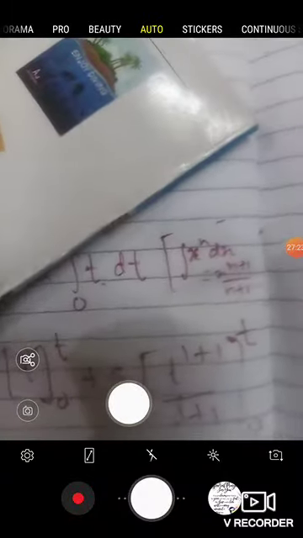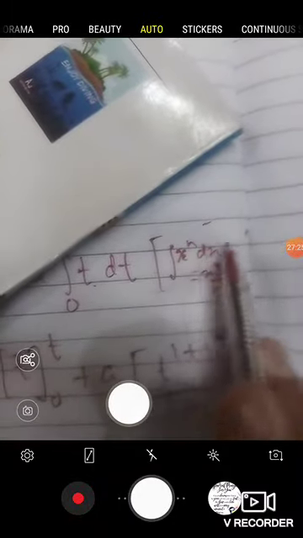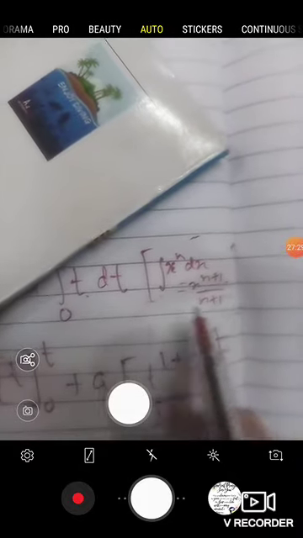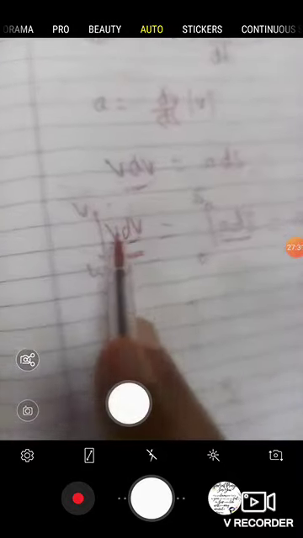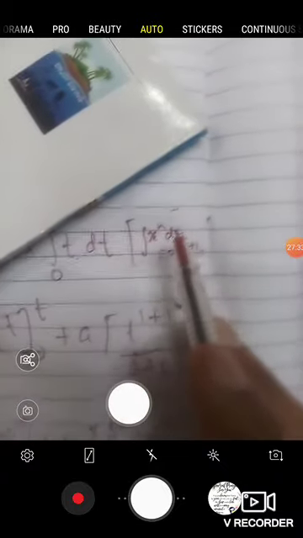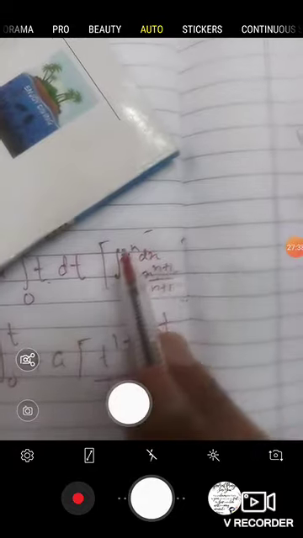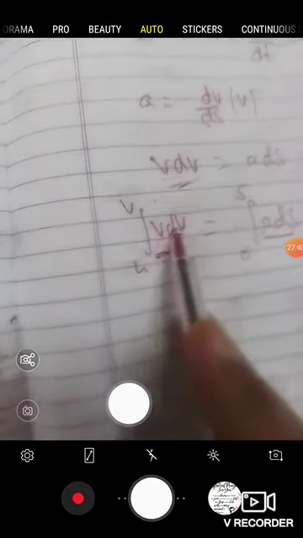I will again apply the same basic formula which we have studied here. This basic formula we are talking about, integration of x to the power n dx will be x to the power n plus 1 divided by n plus 1. Now in place of x we have used here v. In place of dx we have used here dv. Here we have x to the power n, here we have to the power 1. So n I will use as 1.